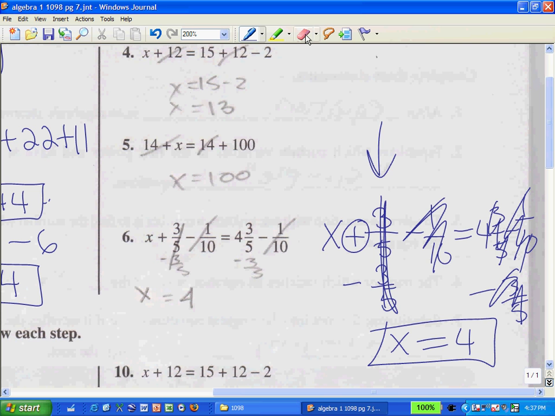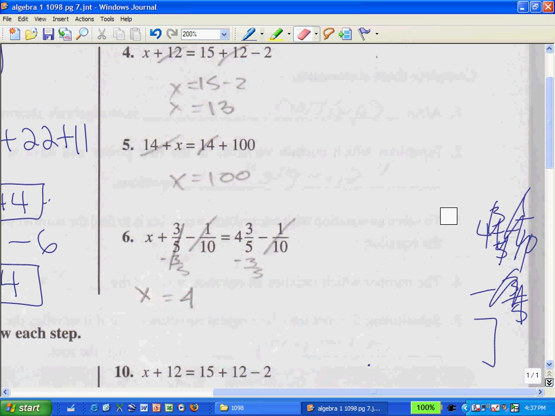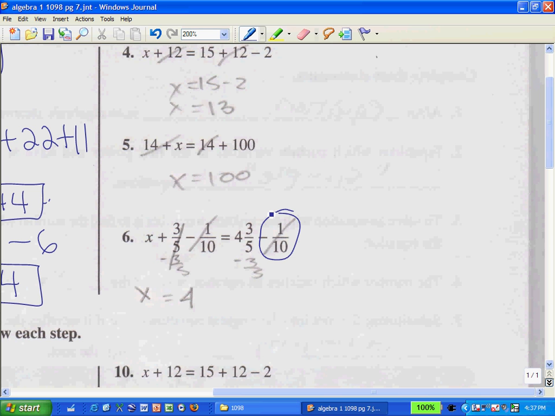Alright, I'm going to do that again because I think I confused you, huh? Well, we have the same thing. I have a negative 1 over 10 here and a negative 1 over 10 here, so I just cancel those out. What I have left is a 4 and 3 over 5 and a positive 3 over 5. I want x by itself, so to get rid of this 3 over 5, I'm going to subtract 3 over 5.